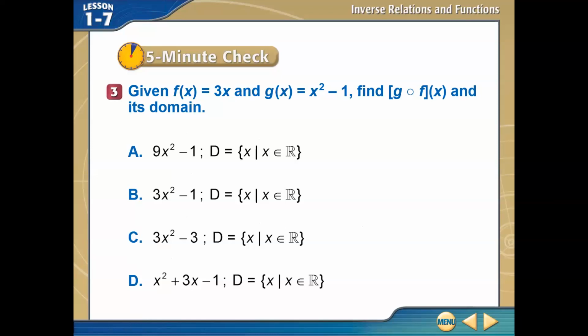Now we got a good one, where we're finding g of f of x. So this is composition of functions, and domain. So once again, we begin knowing that both of these equations have all real numbers, and we want to find what g of f of x is.